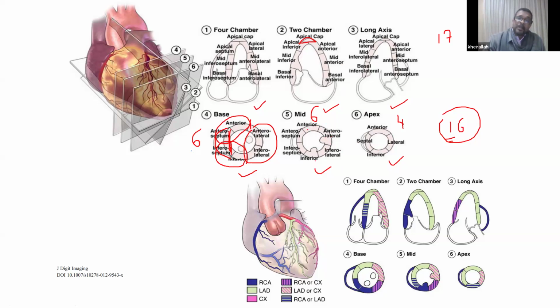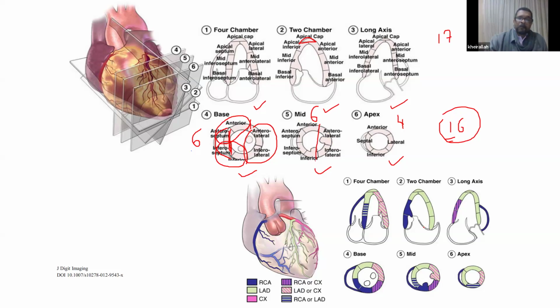So that means I have an LAD problem. Or it may be normal here and here and here, but the inferior wall and the inferior septum are hypokinetic, meaning I have an RCA problem. Or I might just have the problem on this lateral side, meaning I have a Circ problem. Or I have a mix of this and that, and I have multi-vessel, 2-vessel, 3-vessel disease and stuff like that.